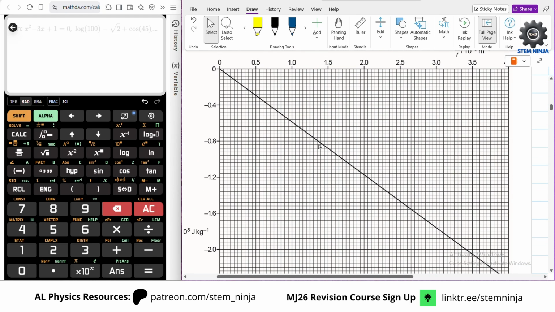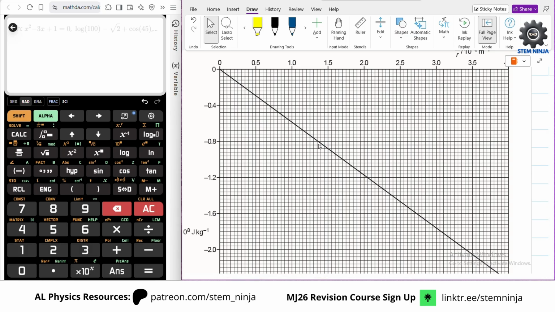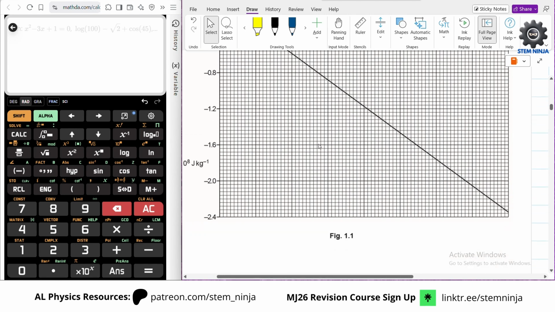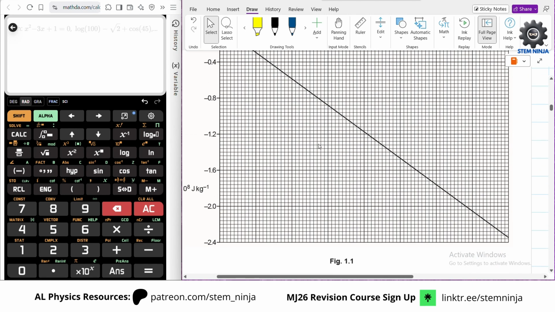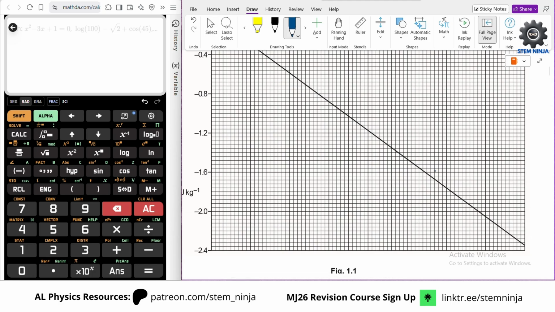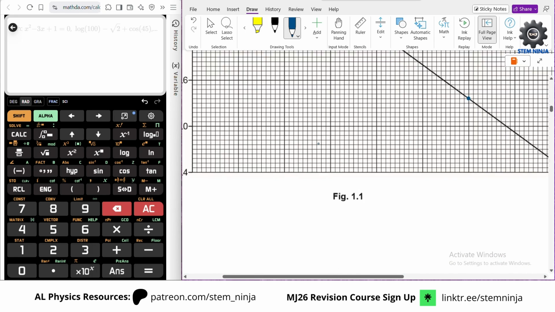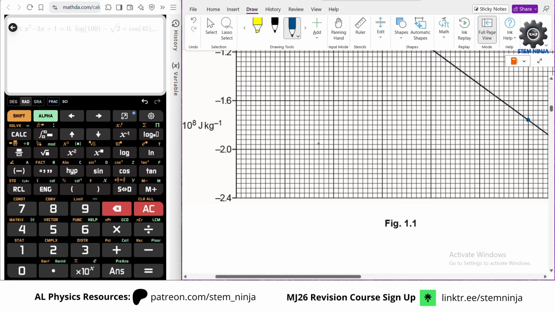So we need the values. Let's find out any point. So one point can be 0, 0. We need another point. I think I see one point over here. This point over here. This is 3. And we need to see how much this is.